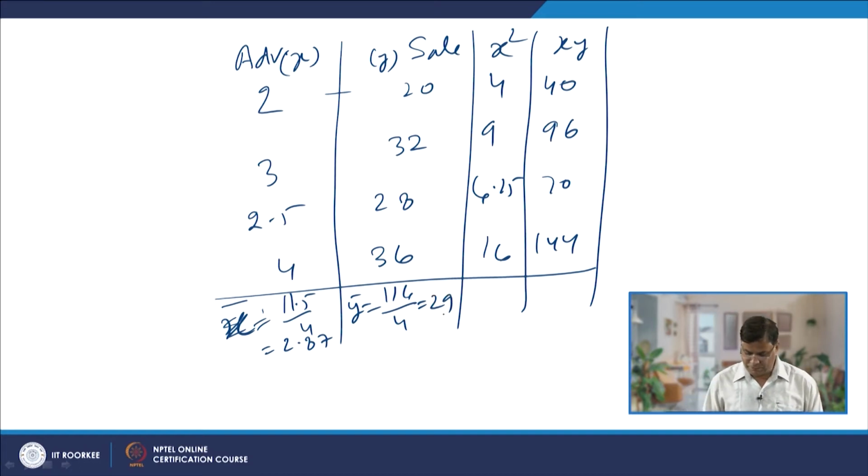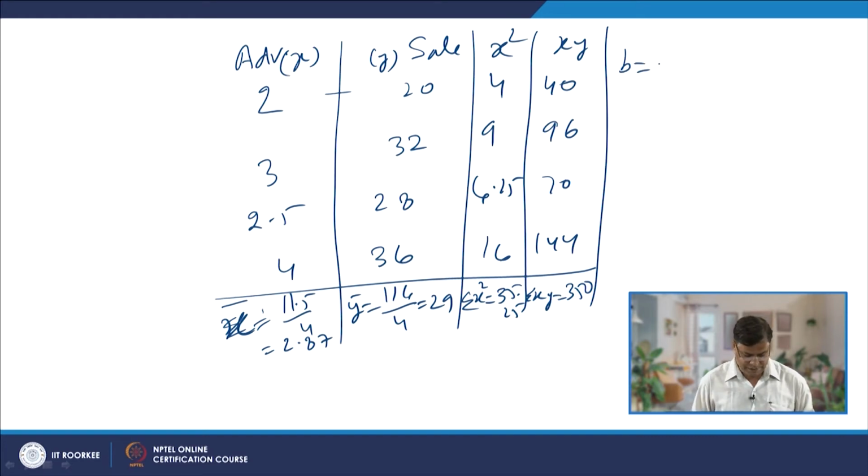Then the sum of all the x square values is 35.25, and the sum of all x into y values is 350. Now, we have to put all these values in the equation for b.